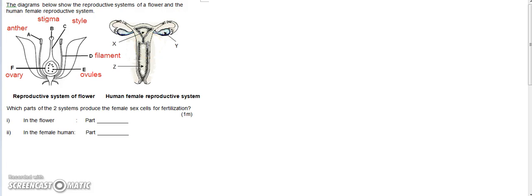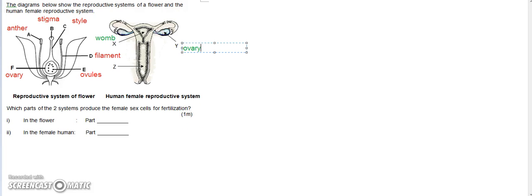Now for the human reproductive system, X, this is the womb. X is the womb. This is where the baby will develop. In case you don't know this already, just note that X is the womb. Y is the ovary.